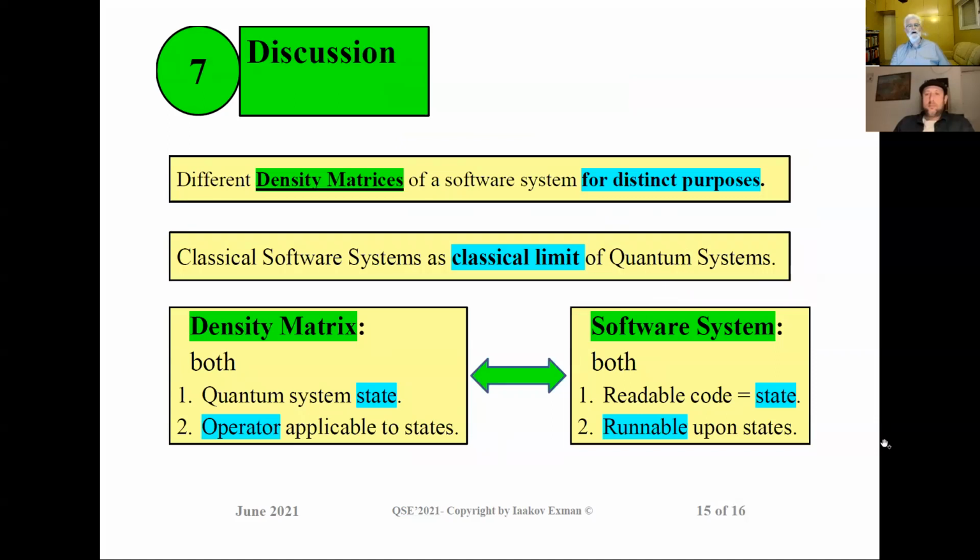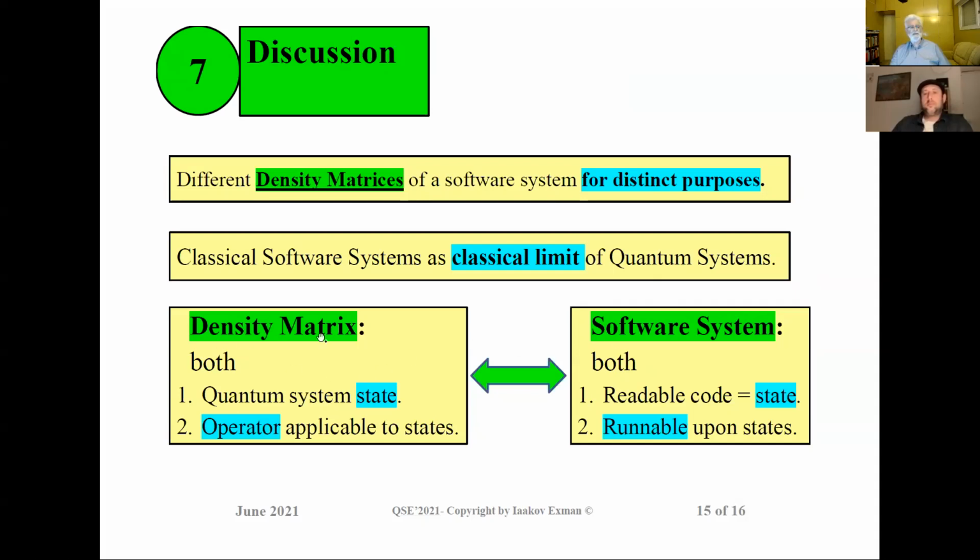Discussion. First point, a different density matrix of a software system may serve for distinct purposes. And second point, classical software systems are classical limits of quantum systems, as expected in physics. Moreover, there is a striking similarity between the density matrix and a software system.